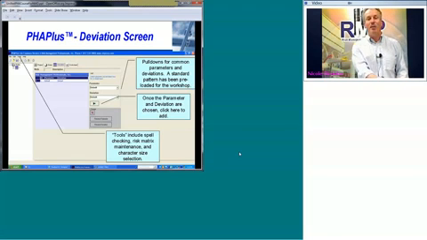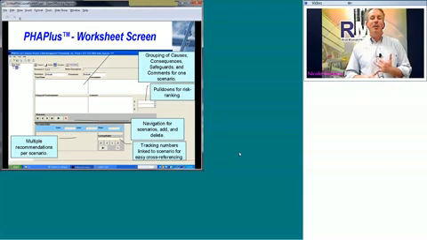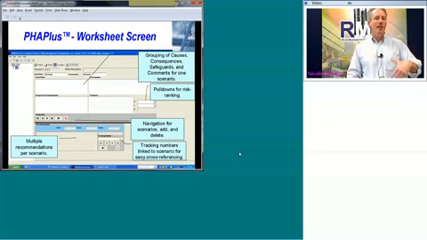On the worksheet area, we're going to be interacting with this, grouping the causes, consequences, and safeguards into one area so we can focus on the scenario, with pull downs for risk ranking, various navigation panes, places to put in tracking numbers, and also associating multiple recommendations with a specific scenario. Those are the kind of things that right before the workshop, you want to reference back to so you know what you're looking at as we go through it.